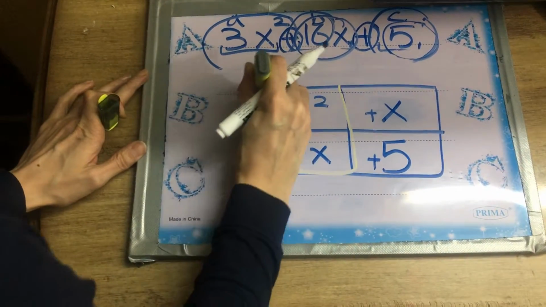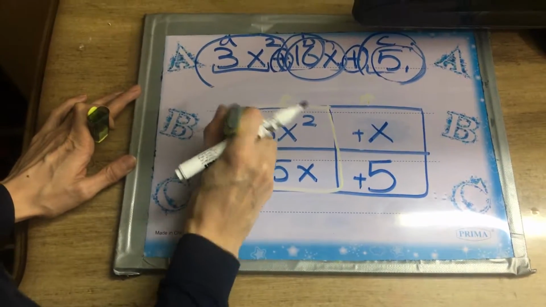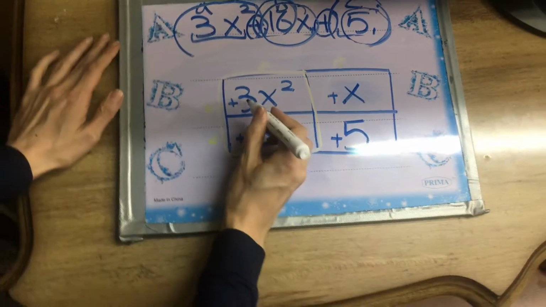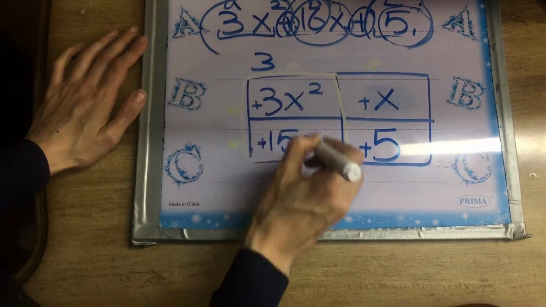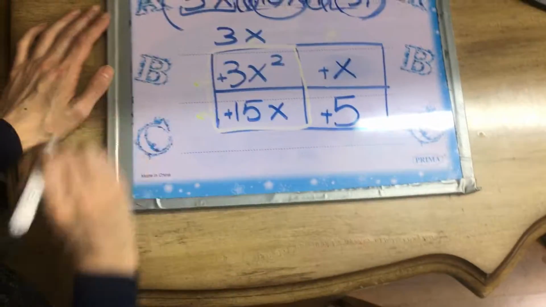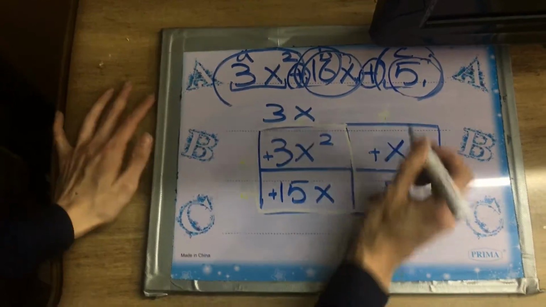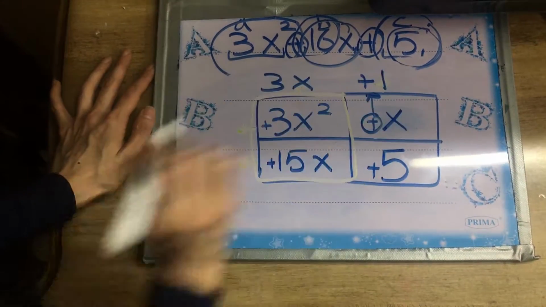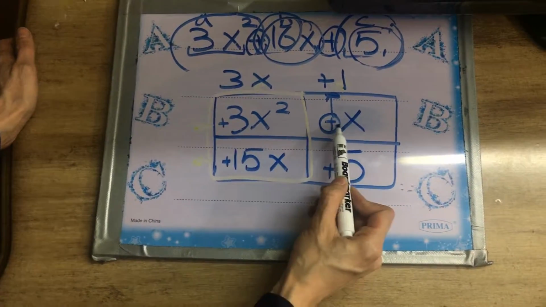Now we'll try to factor the first column. We said up and to the left. Now between 3 and 15, we have 3, x squared and x. The greatest common factor is x. Between x and 5, we don't have anything in common, so the greatest common factor is 1. What is the sign that is touching the line? It's plus, so we add plus. Now, between 3 and 1, nothing.